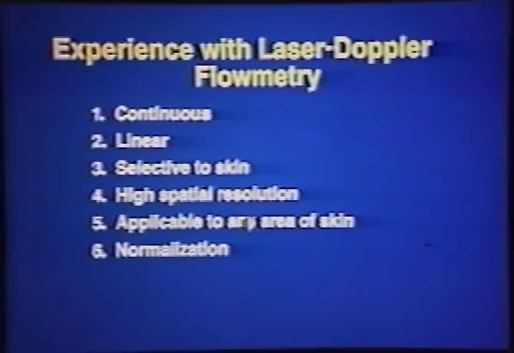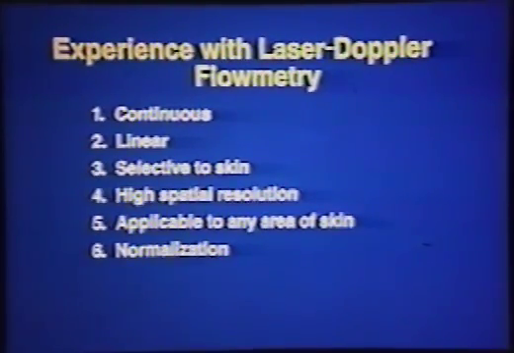It is applicable to any area of skin. I failed to point it out, but on the slide from Dr. Taylor's work involving isometric exercise, that was blood flow to skin over the sternum. But it is our practice to normalize relative to something. Now, we often do it relative to resting values. Sometimes we do it relative to maximal values, but in either case, some kind of normalization procedure, I think, is necessary.